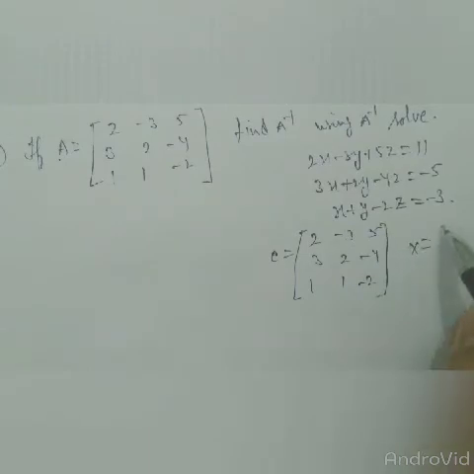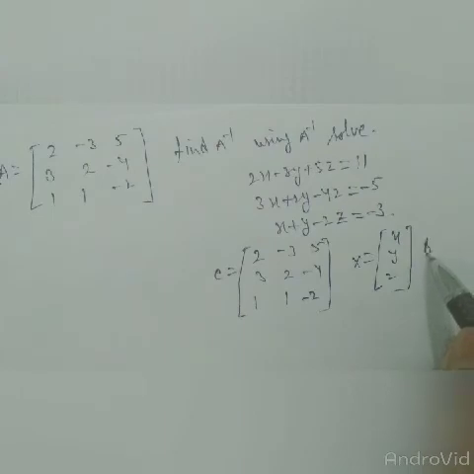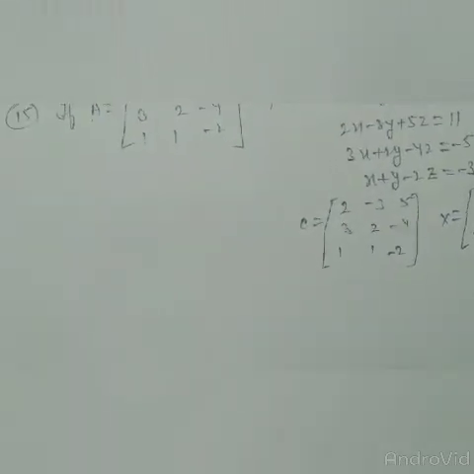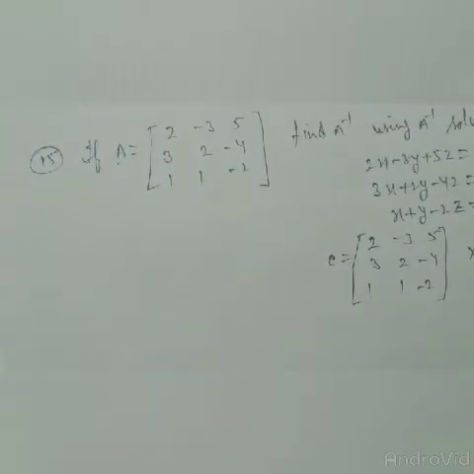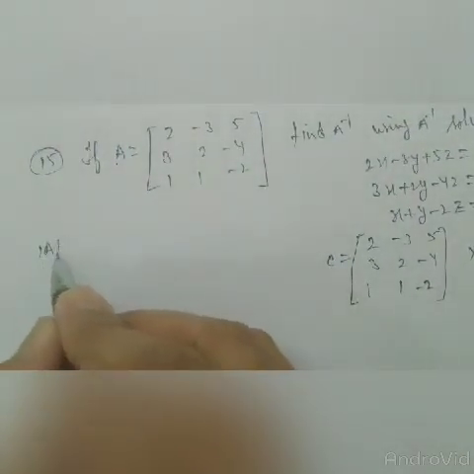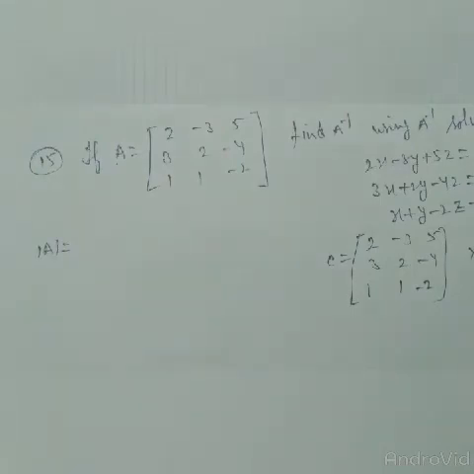And X matrix is x, y, z. And B matrix is 11, minus 5, minus 3. Clear? So this A equals C matrix. The inverse of A matrix is directly used in C matrix. Clear? So first of all, we have to find the determinant of A.